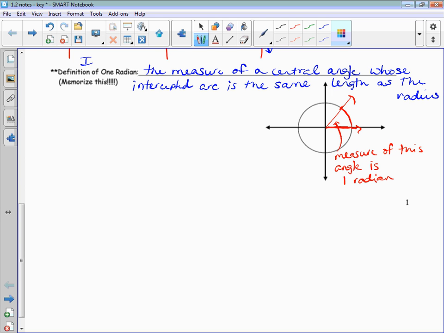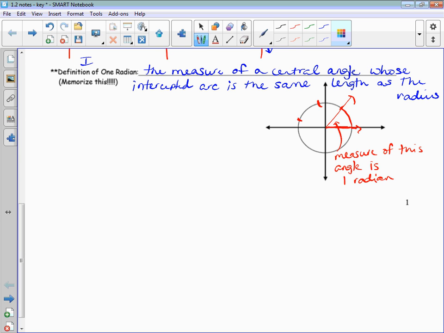I'm just going to keep going around in circles. So I'd probably have another one. It'd take me about to there. And then if I did another one, it'd take me about to there. So by the time I get back to the x-axis, I've gone 1, 2, 3, and a little.